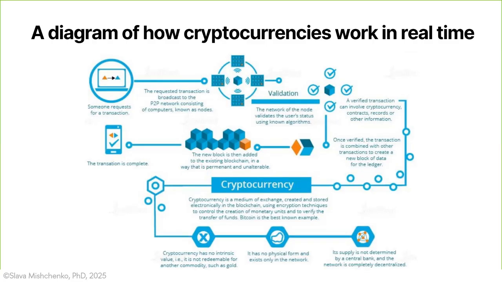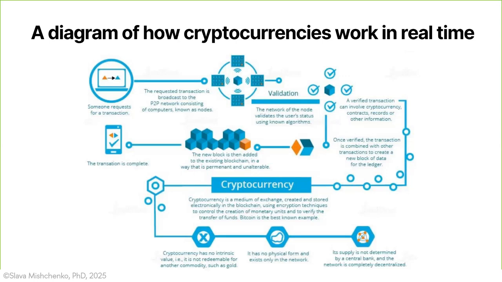The request gets broadcast to what we call a P2P network. You can think of it as a vast web of computers all working together to validate transactions. And what I find particularly elegant is the validation process in the middle of the diagram.